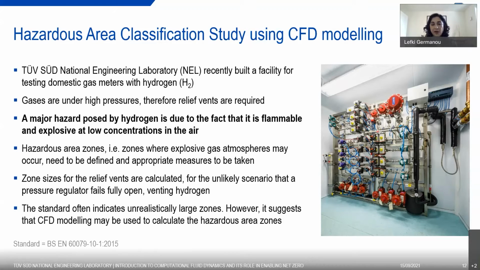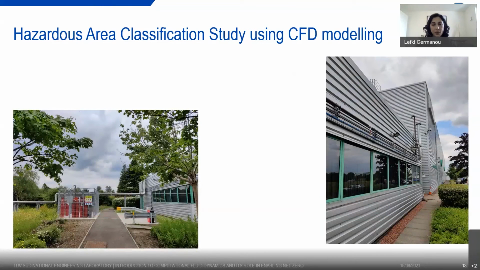The standard often indicates unrealistically large zones. However, it suggests that computational fluid dynamics can be used to calculate these zones accurately. Here you can see two photos of our facilities. On the left, we have the high pressure relief vent on top of the cylinder cage.